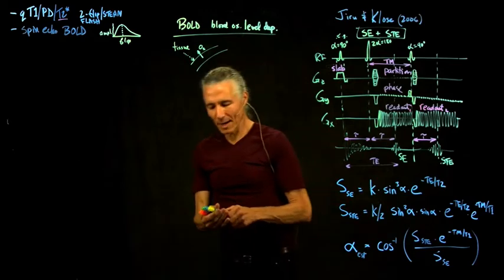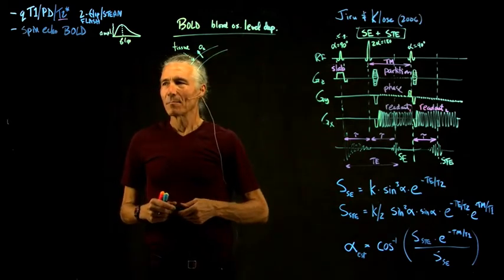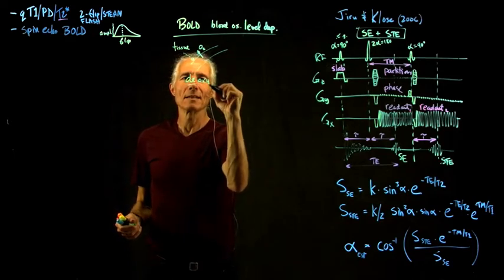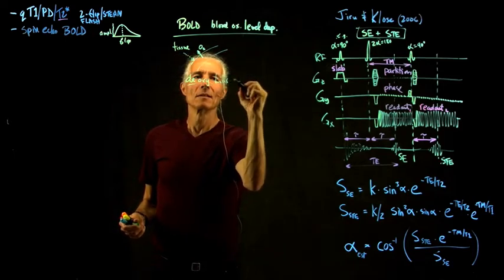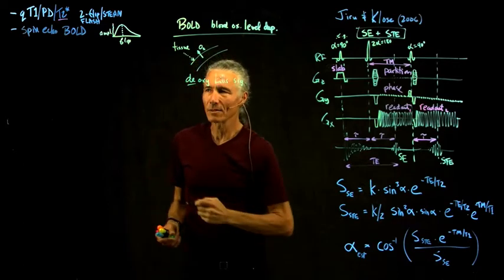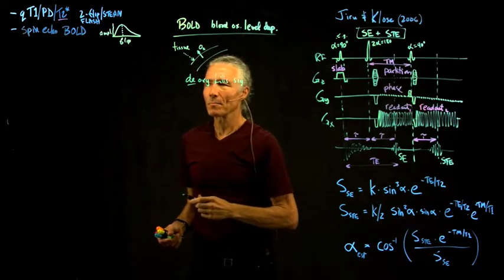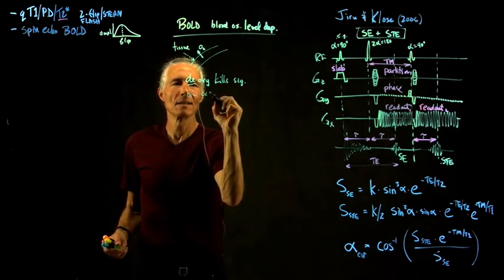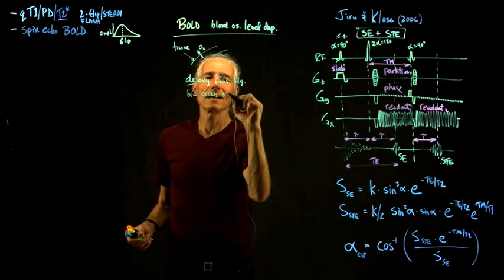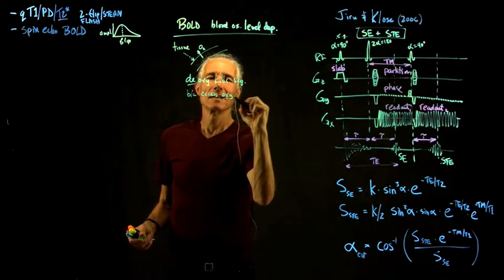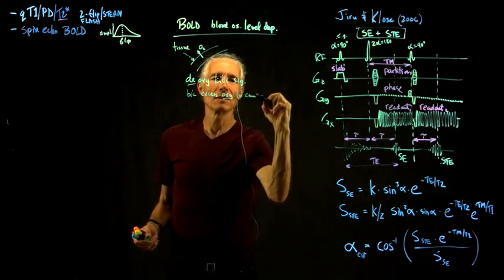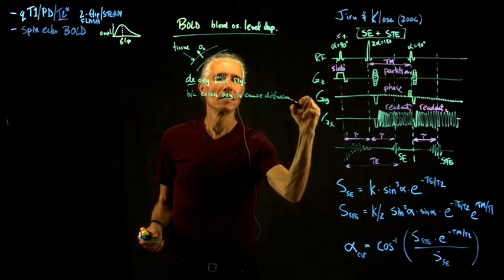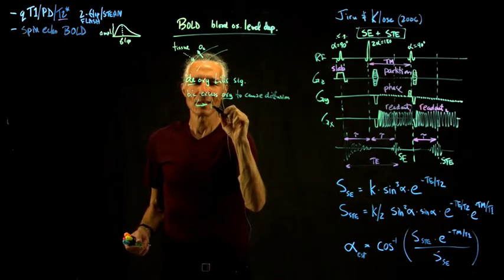And so the paradoxical effect of the BOLD effect is that deoxy is the thing that kills signal. So deoxy kills signal, but because of excess oxy to cause diffusion, there's less deoxy.